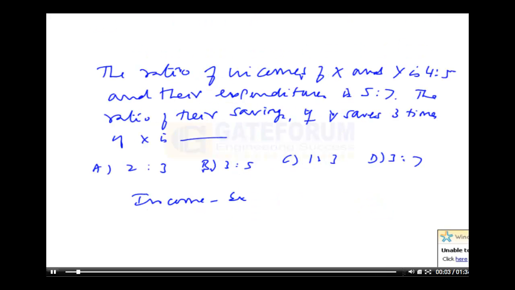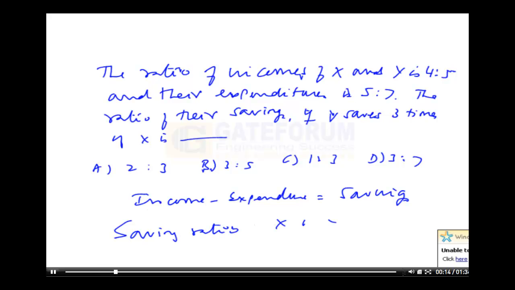We know income minus expenditure is savings. So if you want to write the savings ratio of x and y, it will be 4x minus 5y for x and 5x minus 7y for y.